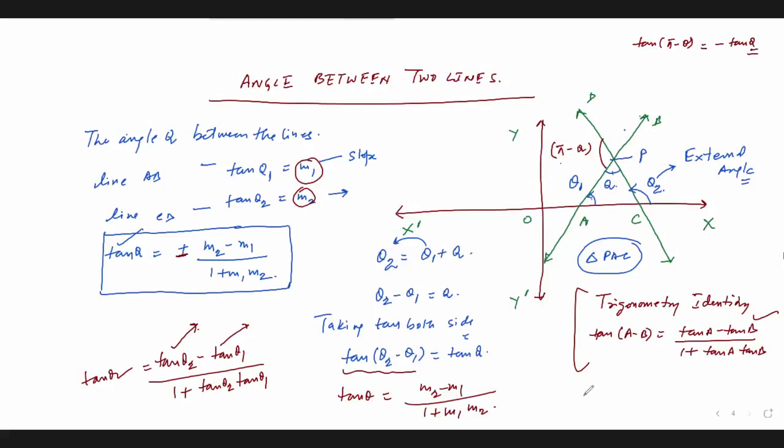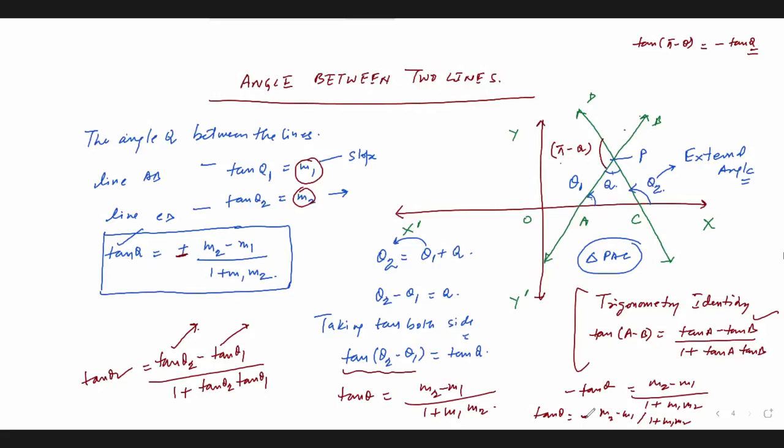So what will be the value of minus tan theta? Again the same value I will get, that is m2 minus m1 upon 1 plus m1 m2. So tan theta is equal to, now it became negative, minus sign came, m2 minus m1 upon 1 plus m1 m2. So I get two formulas.